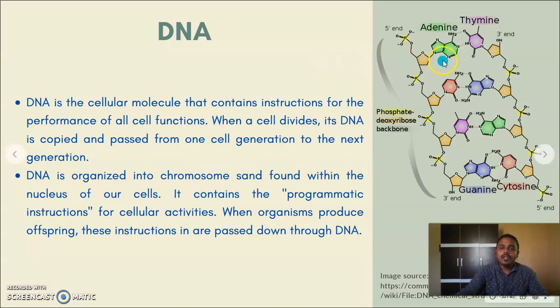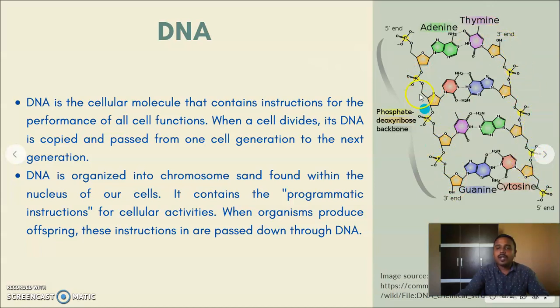So this is the image of a DNA structure. You could see here very well there is a phosphate deoxyribose backbone. So a phosphate group joining with the sugar group of another nucleotide forms a phosphate deoxyribose backbone, or we commonly call it a phosphodiester bond. So this forms the backbone of one particular strand. Similarly, there is one more strand.